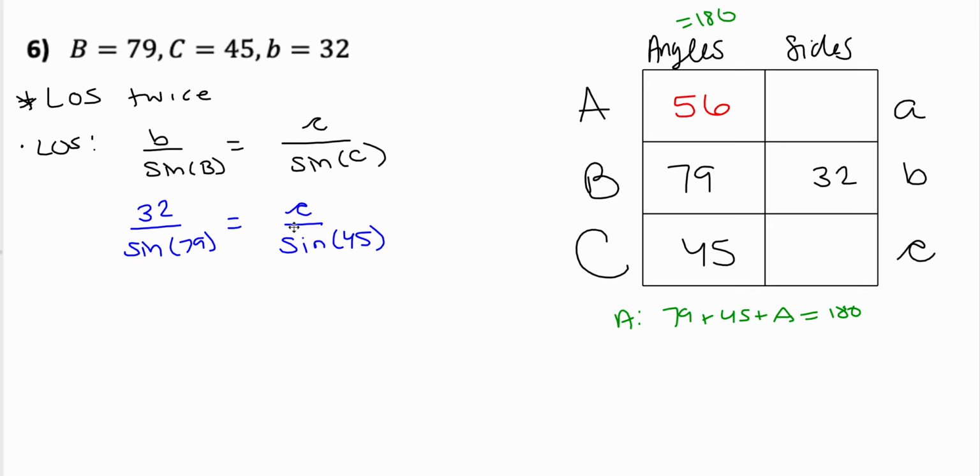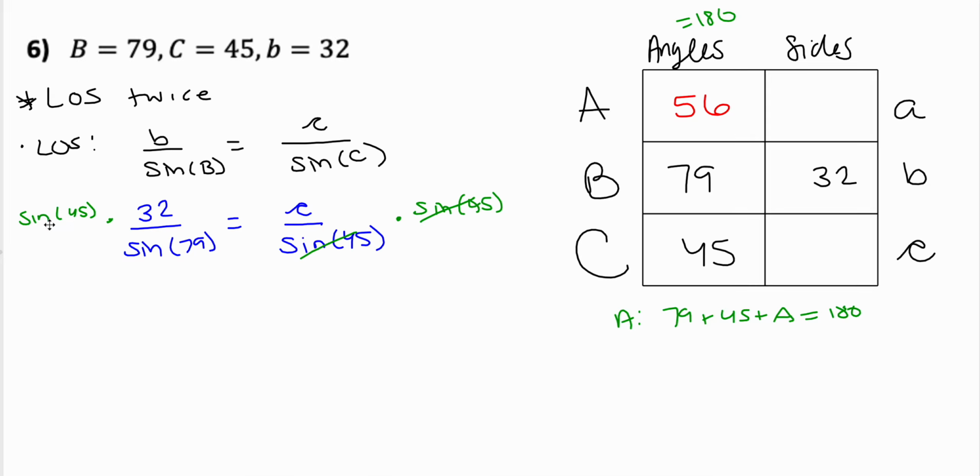Little c is being divided by sine of 45. The inverse of division is multiplication, so I'm going to multiply both sides by the entire denominator of sine of 45. As a reminder, this goes to the numerator, not to the denominator. So the sine of 45 in the denominator and the sine of 45 in the numerator will become 1.